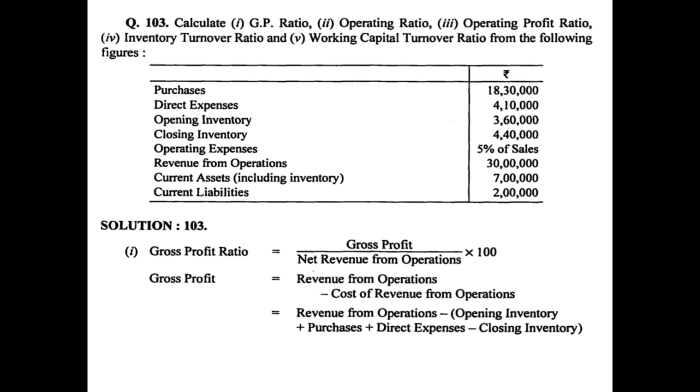As we know, gross profit has two different formulas, and the formula which you have to apply depends on the values or information given in the question. So gross profit can be calculated as revenue from operations minus cost of revenue from operation, and cost of revenue from operation is calculated as opening inventory plus purchases plus direct expenses minus closing inventory.